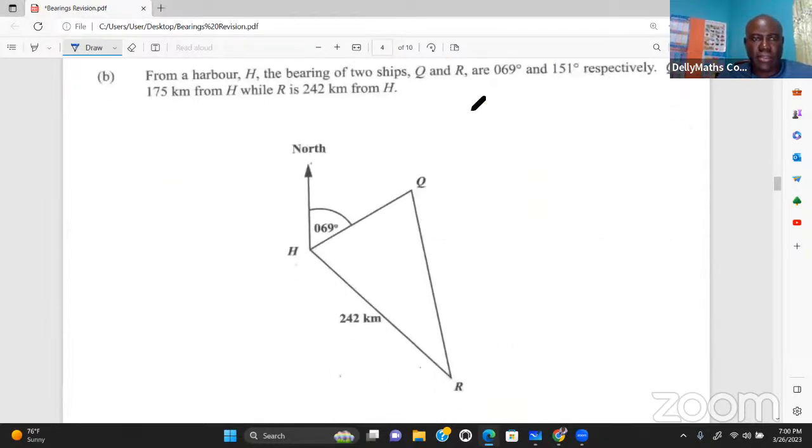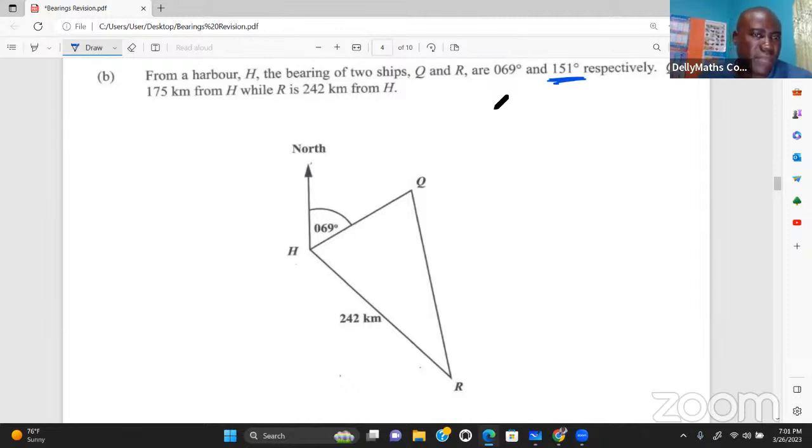All right, let's look at the other question. So here's another question. It says, from a harbor H, the bearing of two ships Q and R are 69 and 151 degrees respectively. You do notice that 69 is on the diagram. 151 is not there, so you're going to have to make sure that you're aware of that.